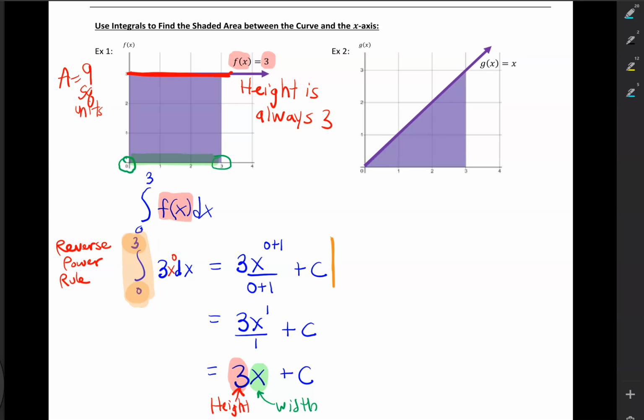We did the reverse power rule. So squiggly goes away, bookend goes away. They've done their job. But we replace it with a stick at the back that says we're going from x goes to 0 to x goes to 3. So we're replacing it with this stick because we still have to show that specific interval.